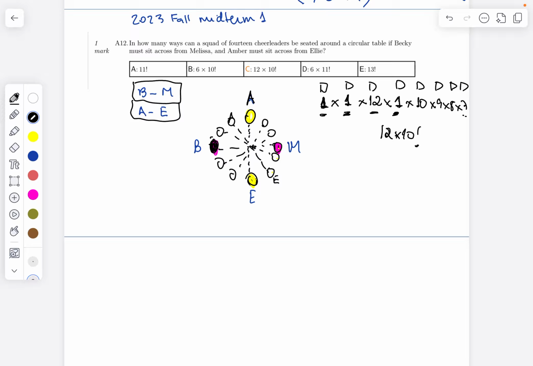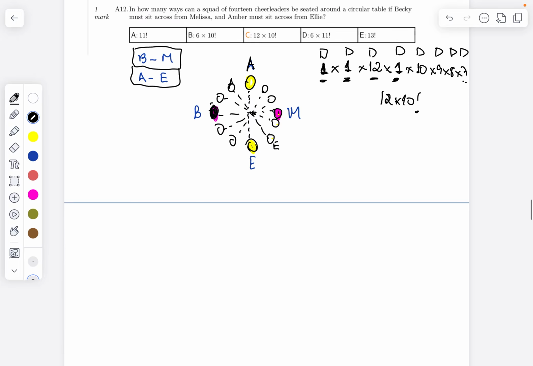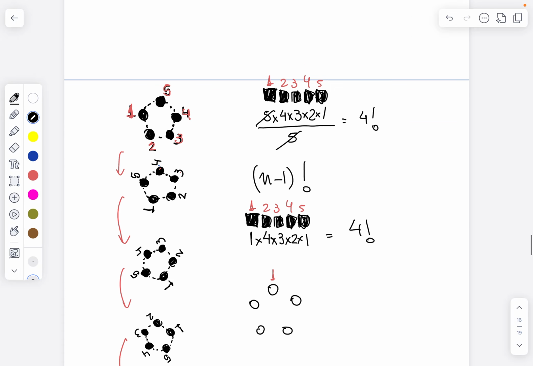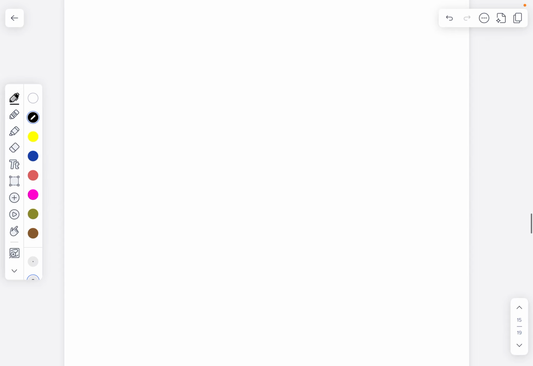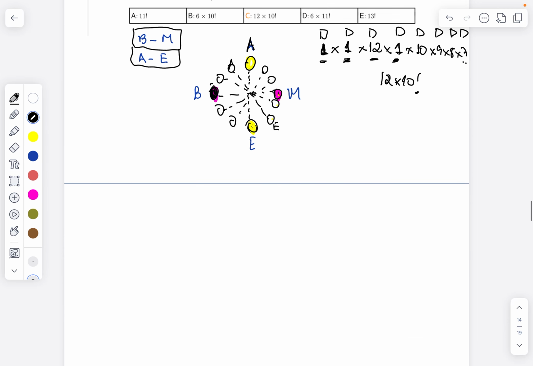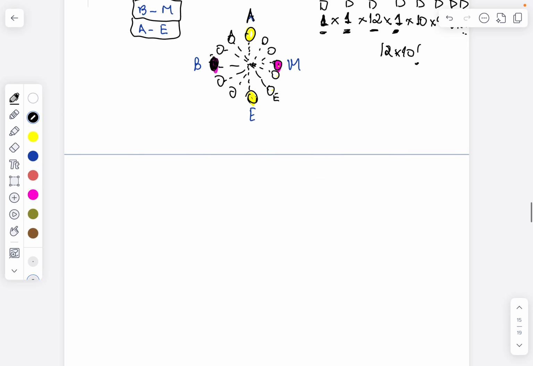So during the class, I used the fact that I set someone first in the first place, okay? Which is a modification of how to interpret the n minus 1 formula, and it works, okay? Now here's an alternative way to solve this.